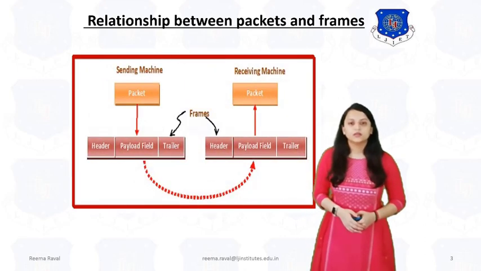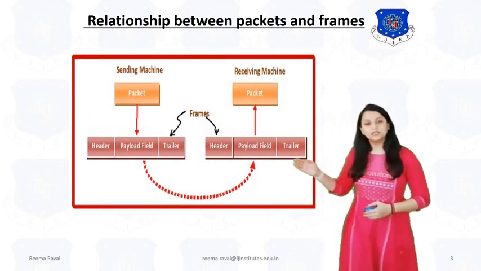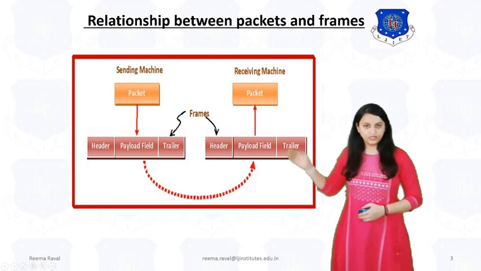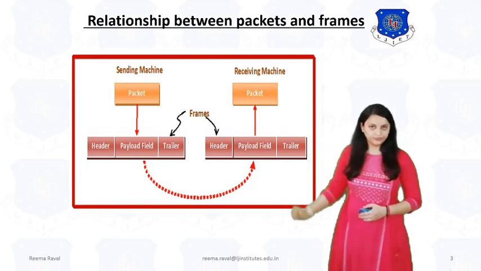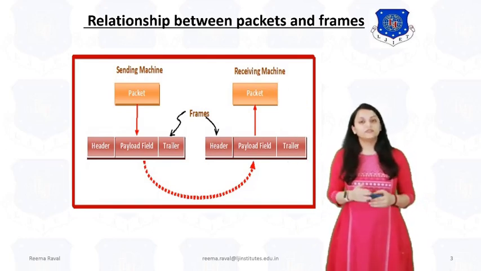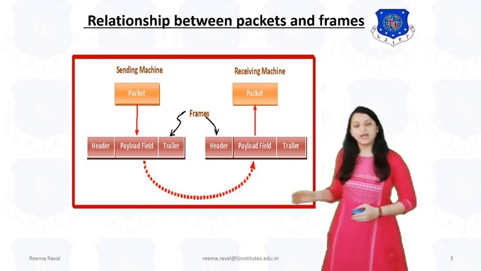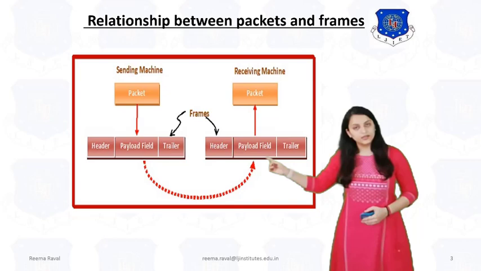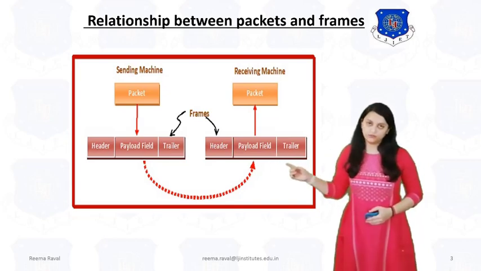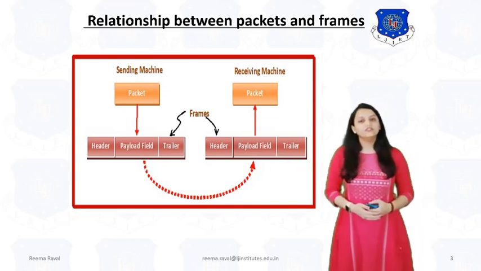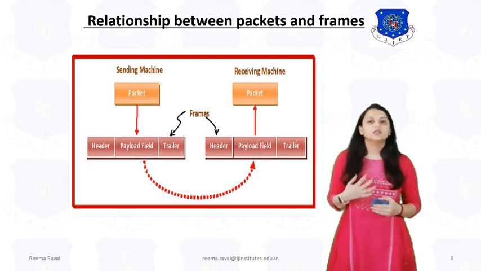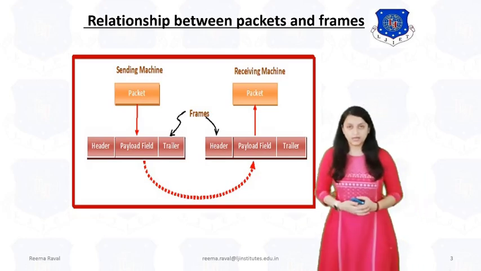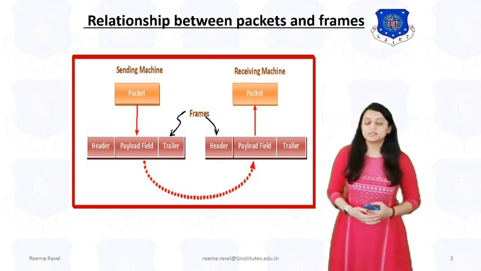As you can see over here, these indicate the frames and this indicates the packets. In any frame, the structure is like this: the first is the header field, then the payload field, and the last is the trailer field. So in any frame, these are the three main divisions, which are called fields in a frame.